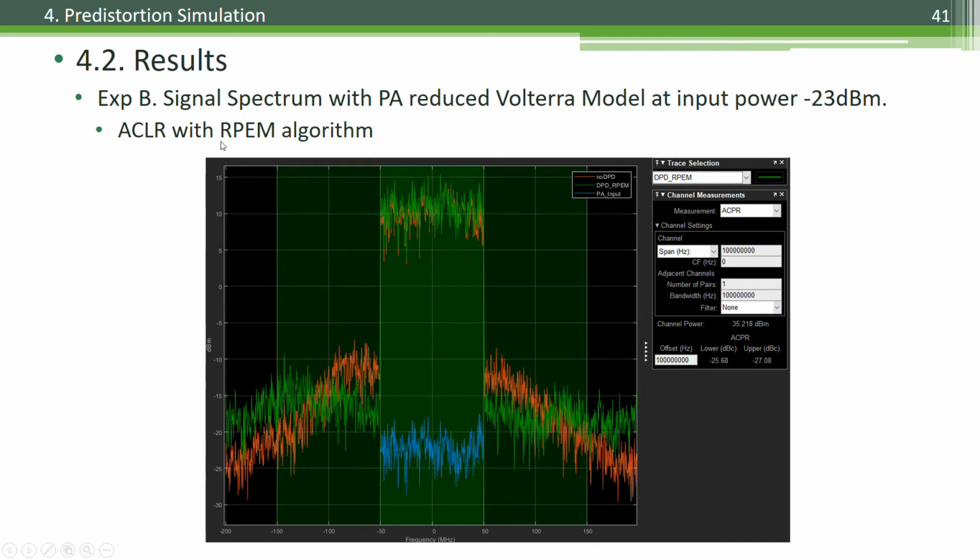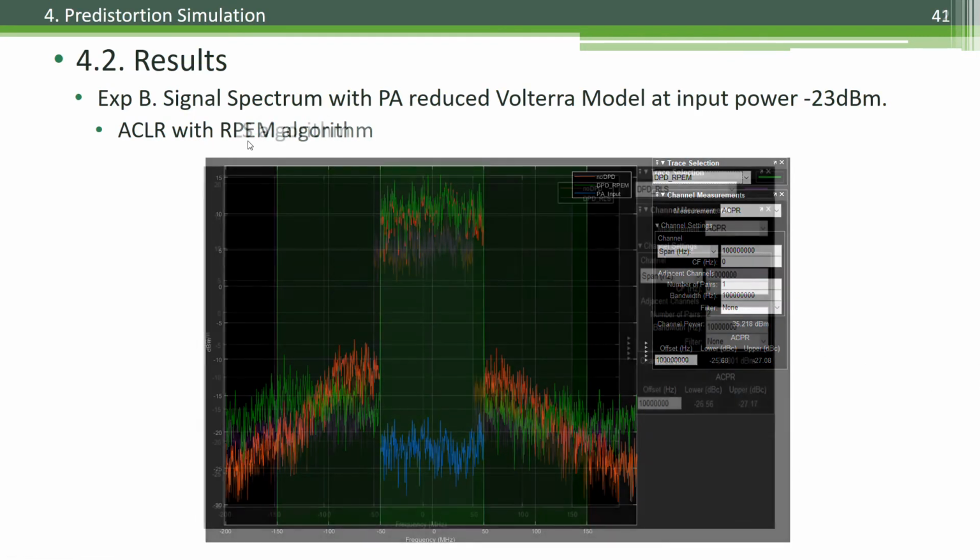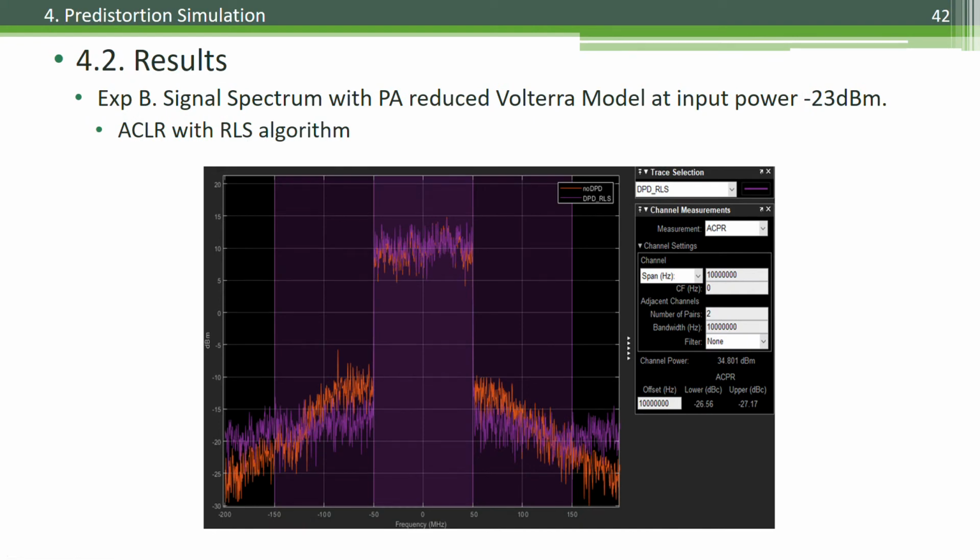But with the recursive prediction error, the ACLR is minus 25.6 dBc. And with the recursive least square algorithm, the ACLR is minus 25.5 dBc, and recursive least square and recursive prediction error improve about 3 dB.